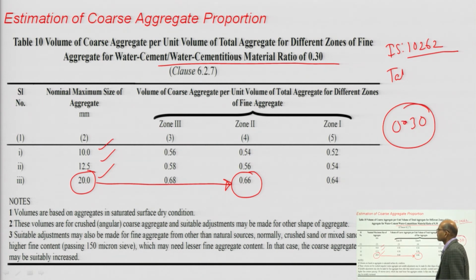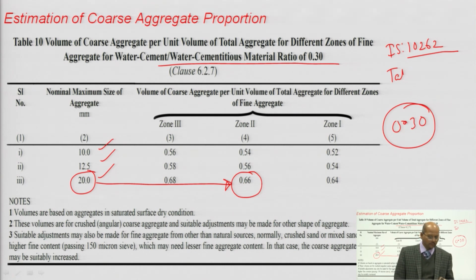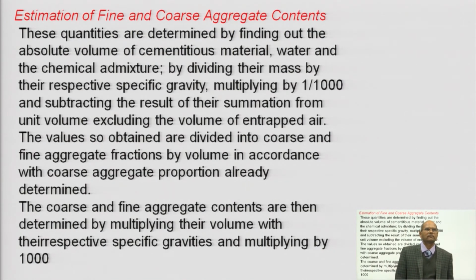0.30. Okay. So, these are the requirements of estimating the coarse aggregate from the fine aggregate. So, all these things you have to understand. Then how can you get the estimation of fine and coarse aggregate content?